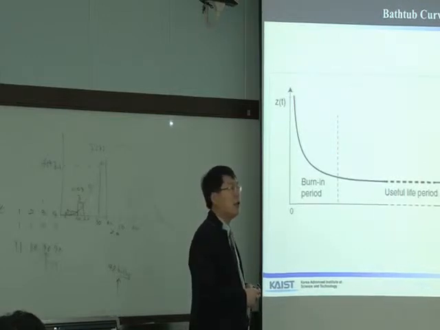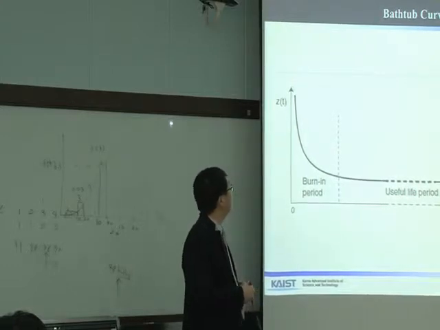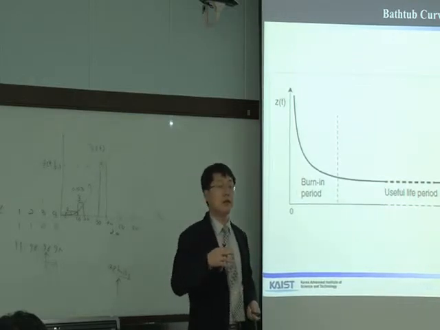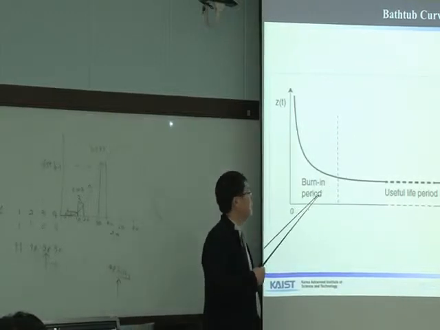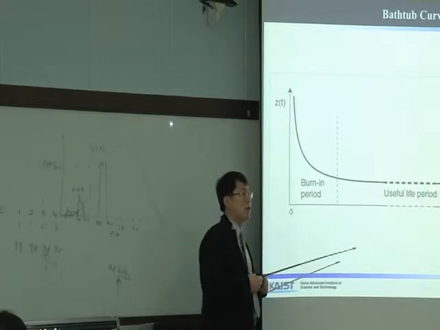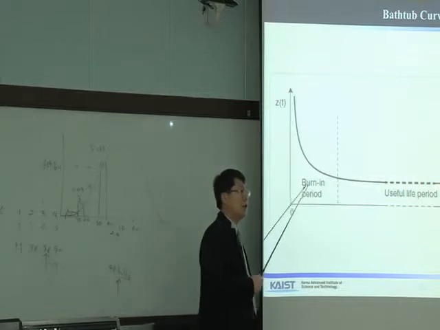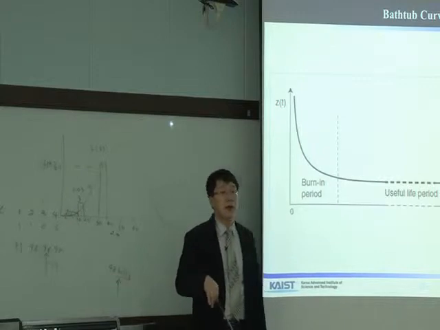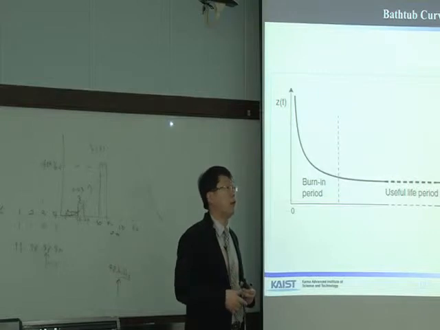This is the real life data, kind of. g(t) is the failure rate based on the current sample. This can be considered the death rate of humans. In the early stage, the death rate is very high because the babies have low immune capability, so they are killed by some disease.